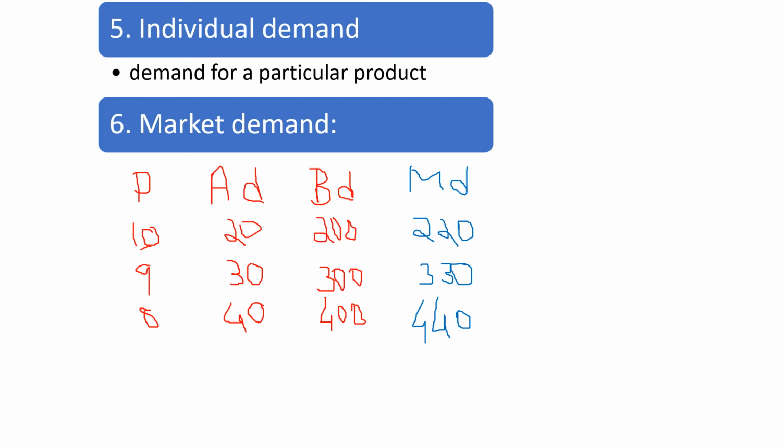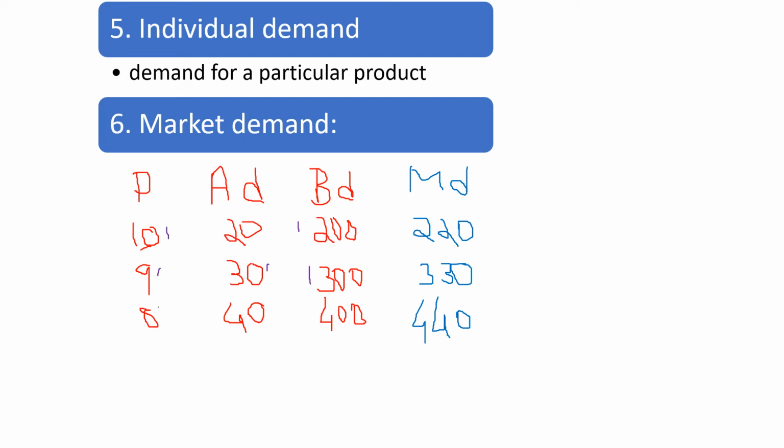Now, if you see this here, at the price of rupees 10, A's demand is 20. At the same time, B's demand at 10 rupees is 200, and when the price is at rupees 9, A's demand is 30, whereas B is demanding 300.